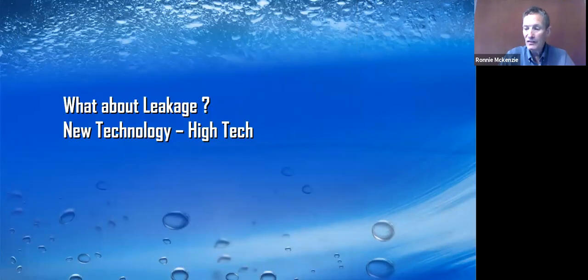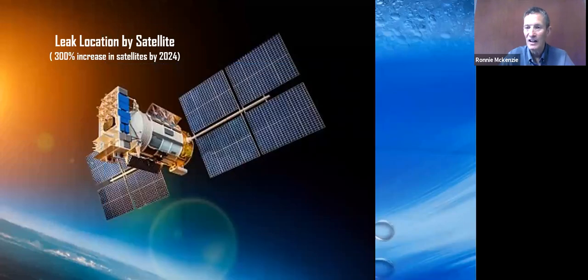Okay, technology, finding leakage. You'll have had lots of presentations by people telling you about all sorts of fancy ways of finding leakage. I'm just touching on a couple of them, which I found quite amusing and interesting. Let's see. Satellites.